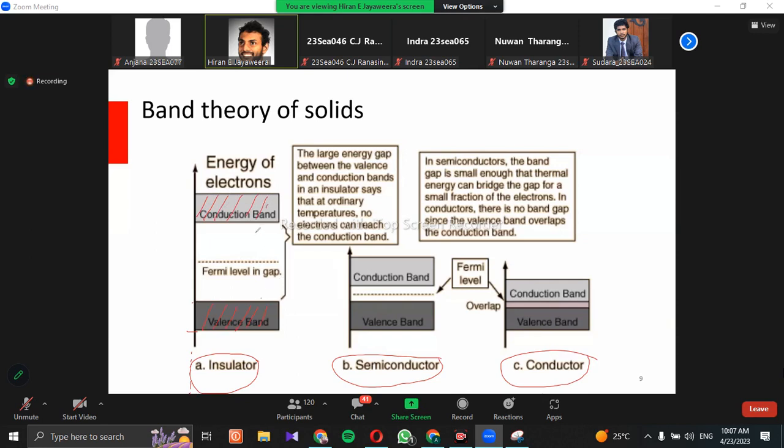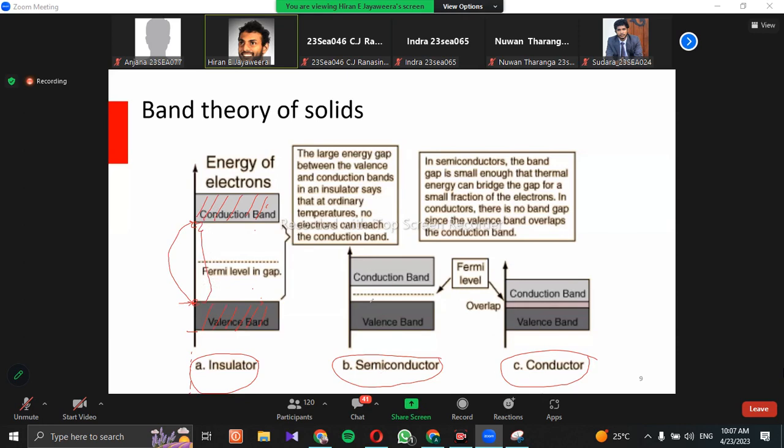So this difference is very large, and if you want to move an electron in the valence band, where the electrons have the highest energy, you want to move it here at least, right? This energy difference is the energy required to move electrons from this one to this one, right?